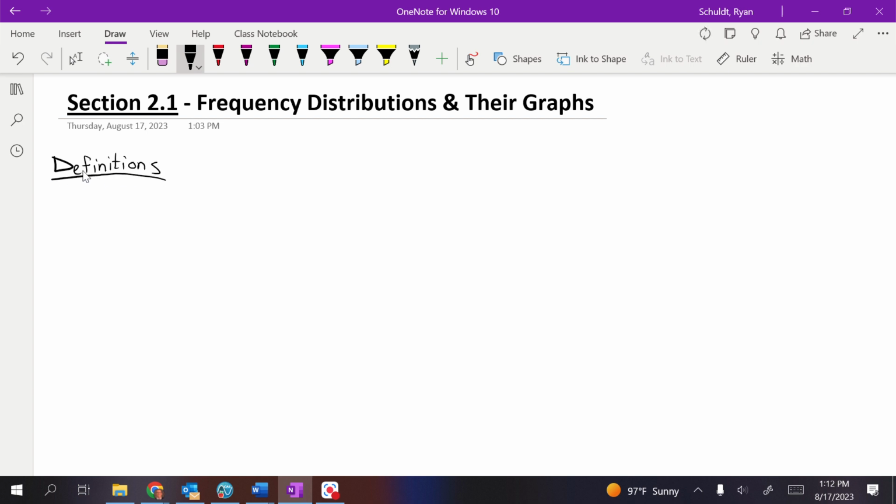Definitions. A frequency distribution, that's our first one.